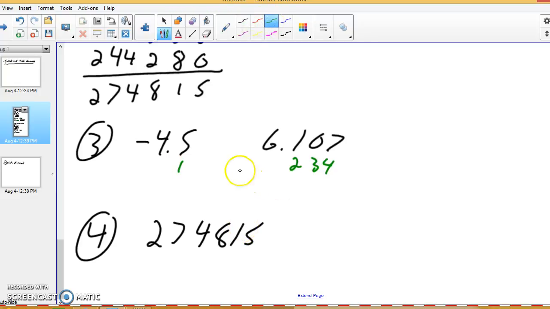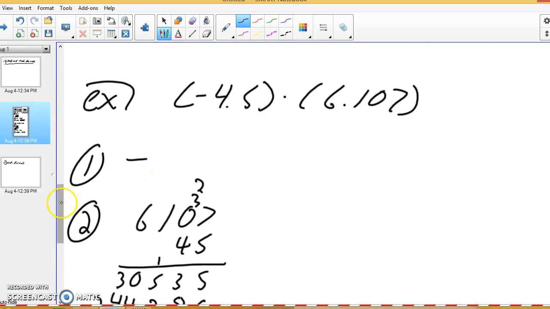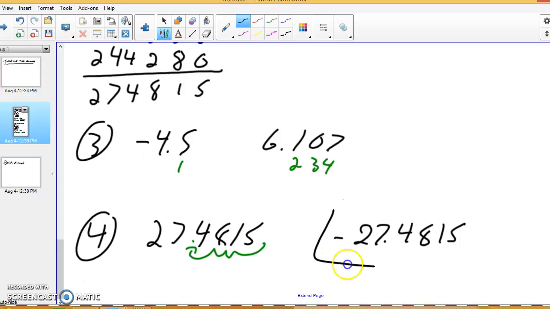Move the decimal place 4 spots. 1, 2, 3, 4. Put a decimal point there. 27.4815. Can't forget our original sign though, which we know is negative. So that is our answer. Pretty simple.